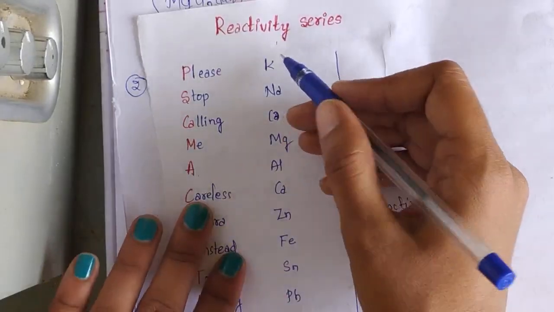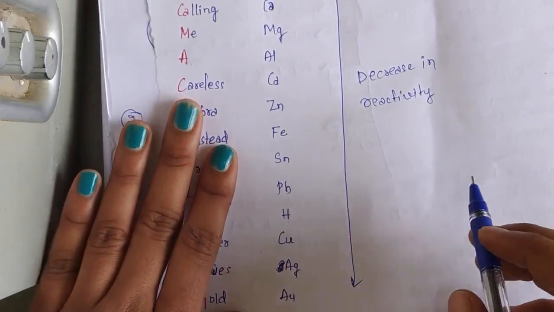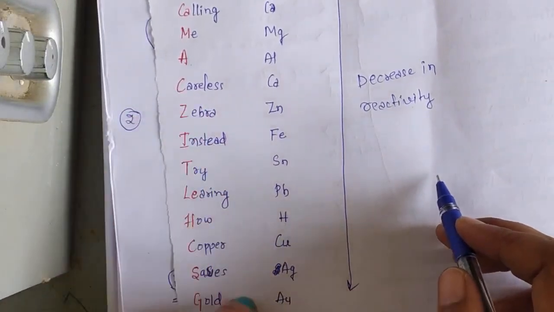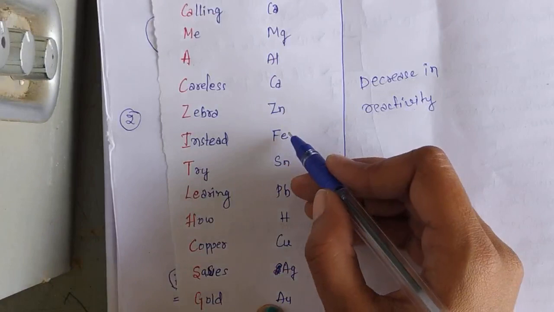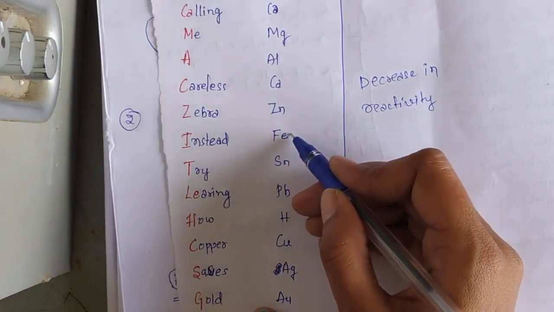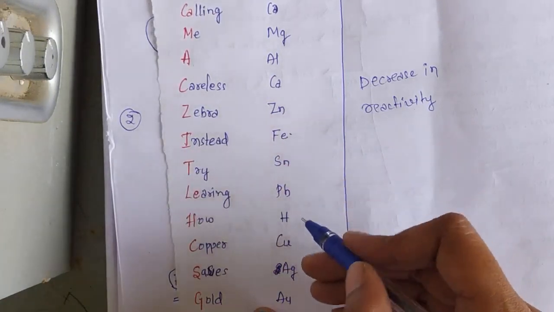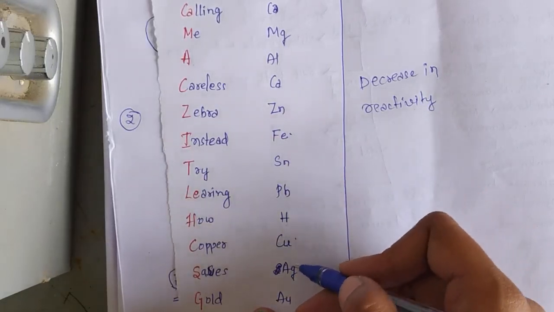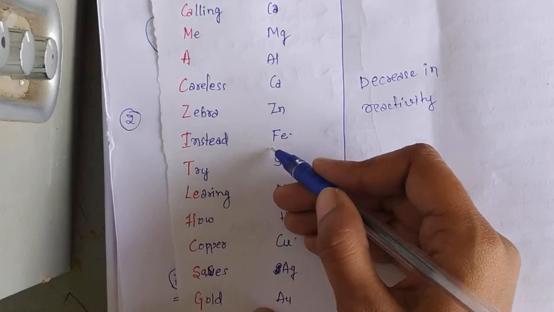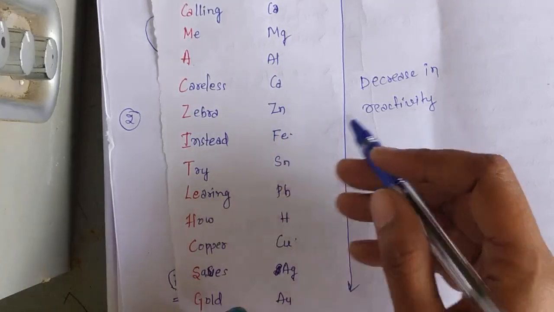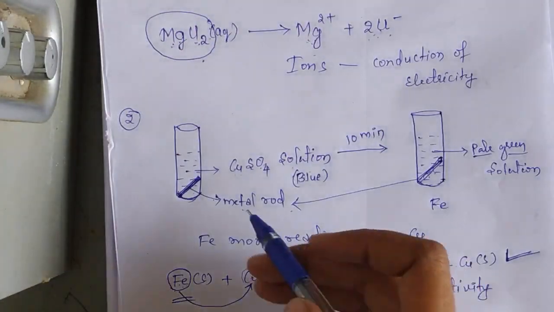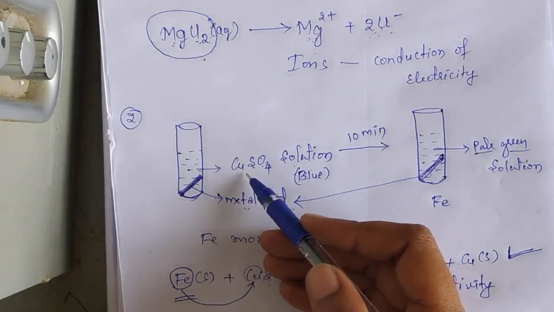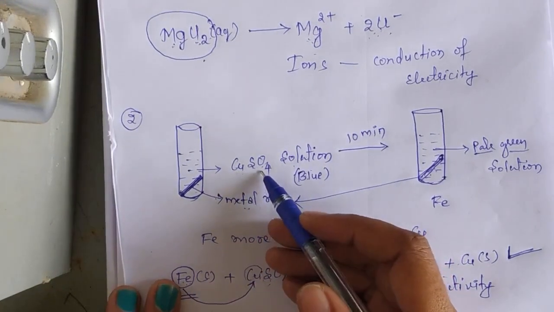As we move from top to bottom, the reactivity of the metals decreases. In the series, this is the position of iron, whereas the position of copper is here. Copper is present below the iron. Since iron is more reactive, it can displace the copper ions from copper sulfate solution.